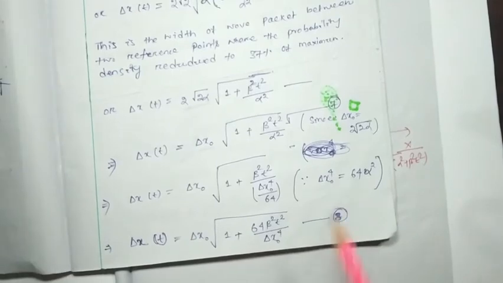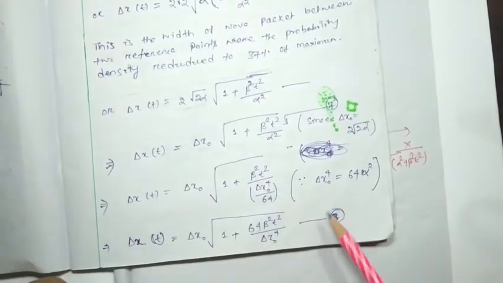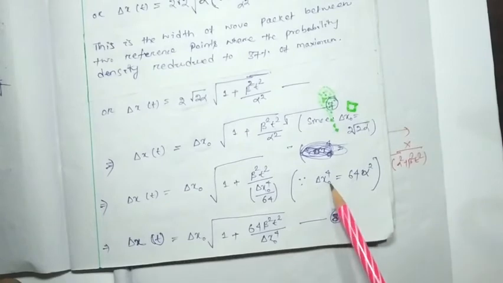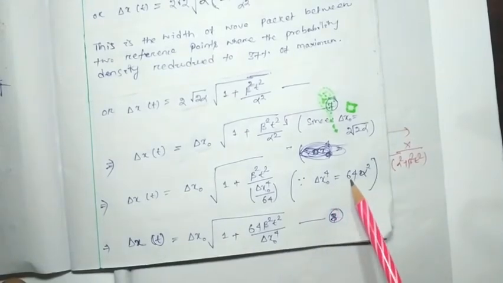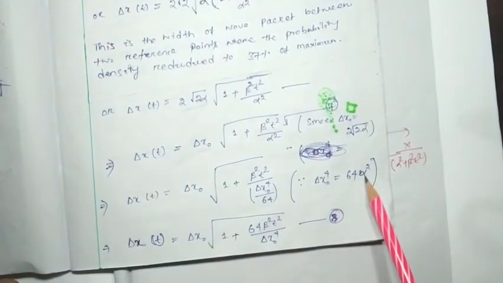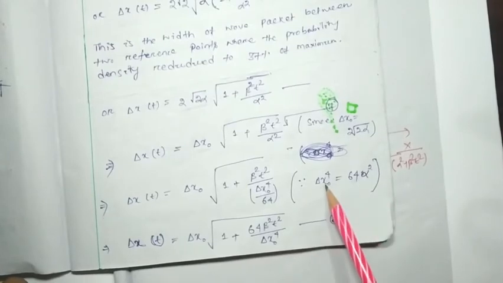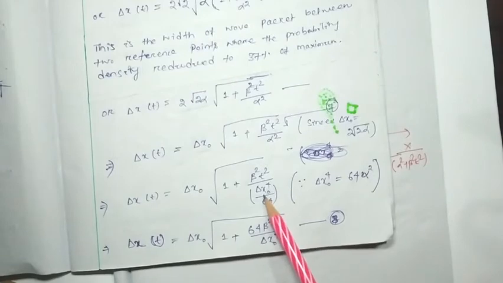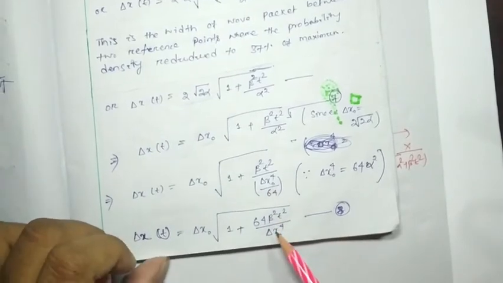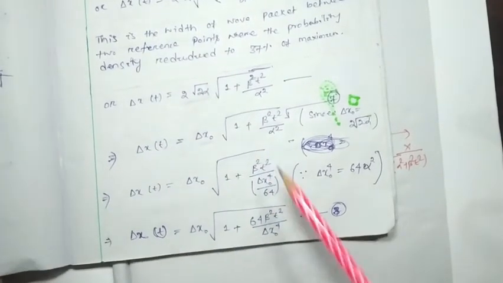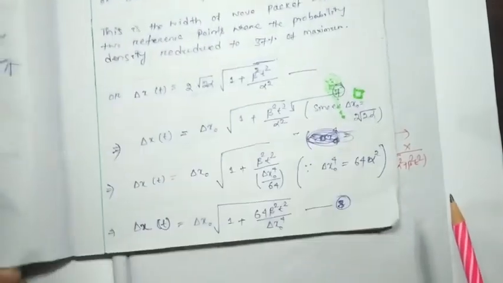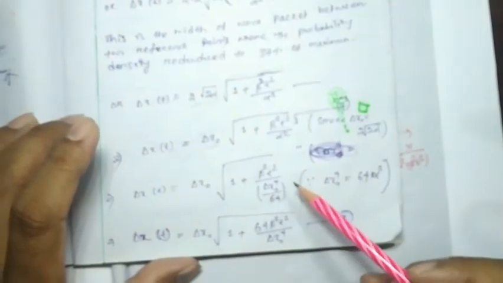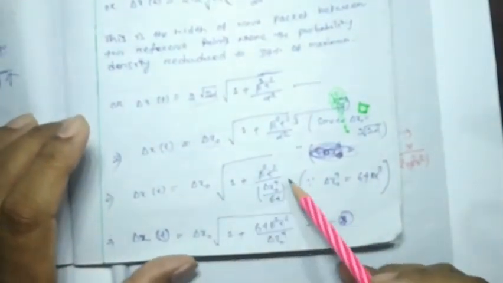Hence alpha square will be del x 0 to the power 4 whole divided by 64, that I have substituted over here, and this 64 can go up, and this will be equation number 8.